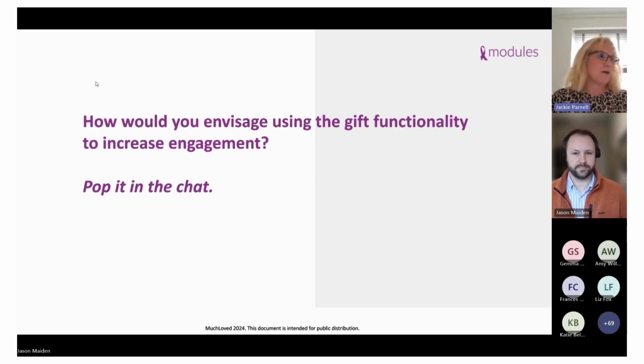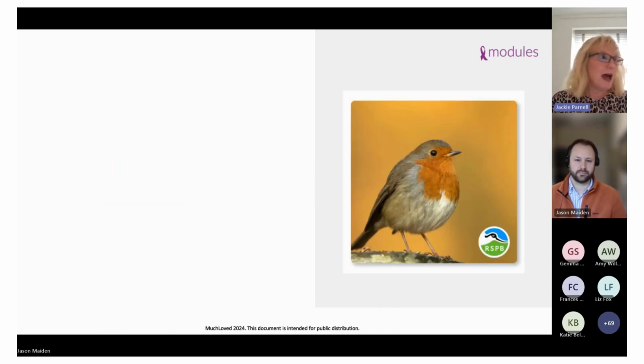Okay. So, as Jason has just highlighted some of the ideas that you can use gifts for, I'm going to share some examples of what our Optimum partners are already doing, just so that you can get a feeling of what can be done. But before I do, I want to get your little creative brains ticking along.